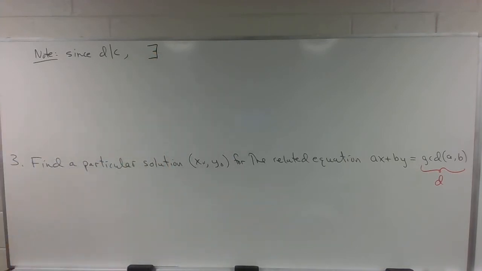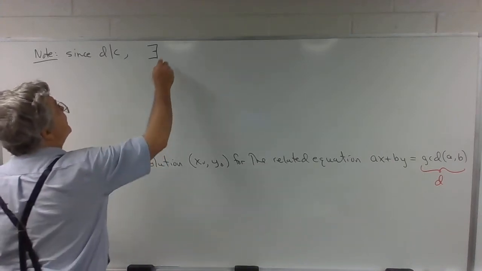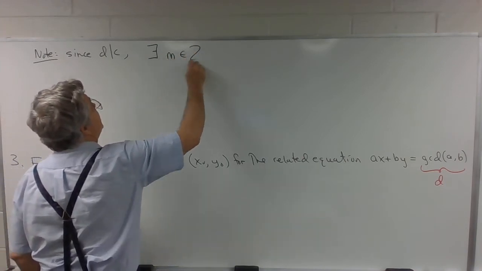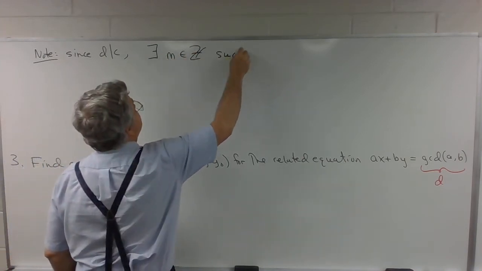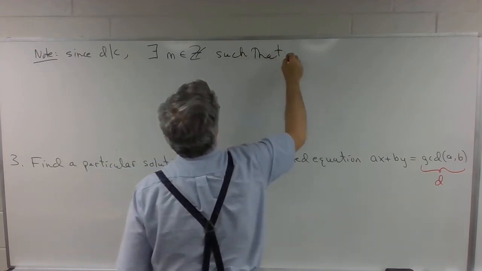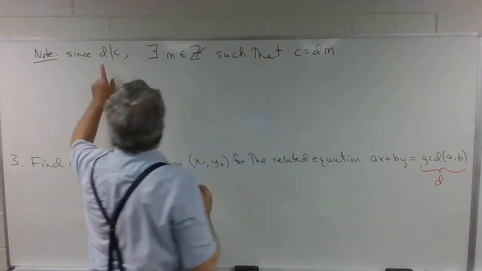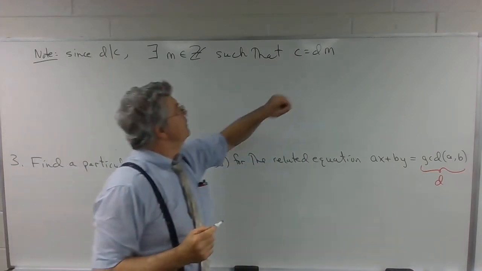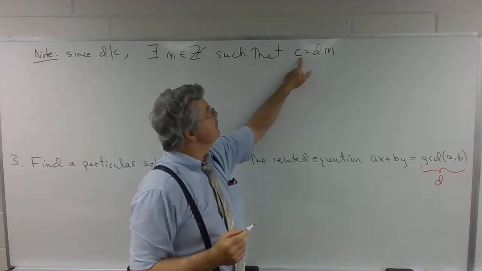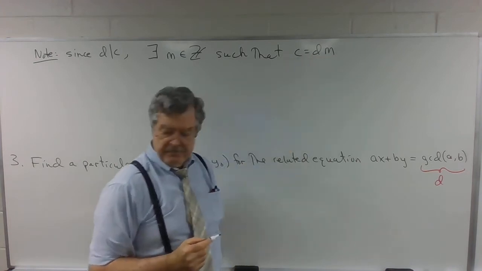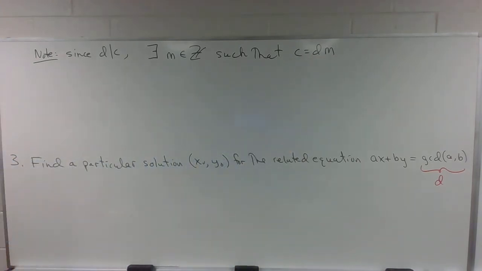Let's see, what would I like to call this number? M, okay. There exists some integer m. Since d divides c, there's some integer m such that c equals d times m. That's important.